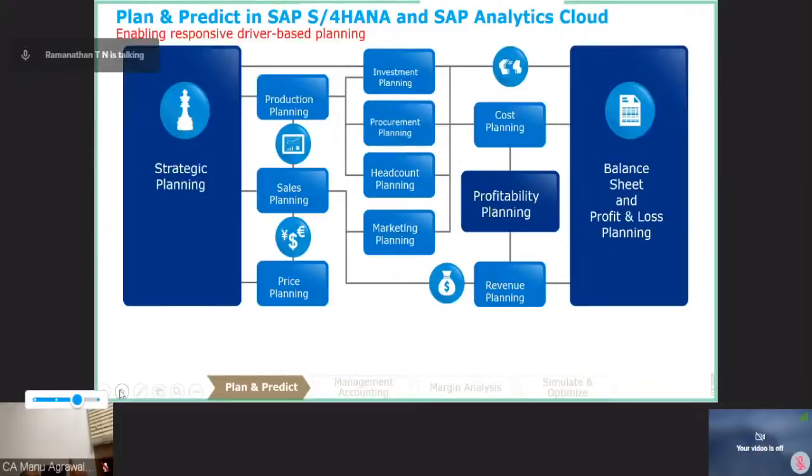Also the year-wise annual financial statement plans broken down by revenue planning, price planning, material cost planning or production planning, in line with the capacity plans, the headcount plan, the marketing plan, all this rolling up to the profitability planning.